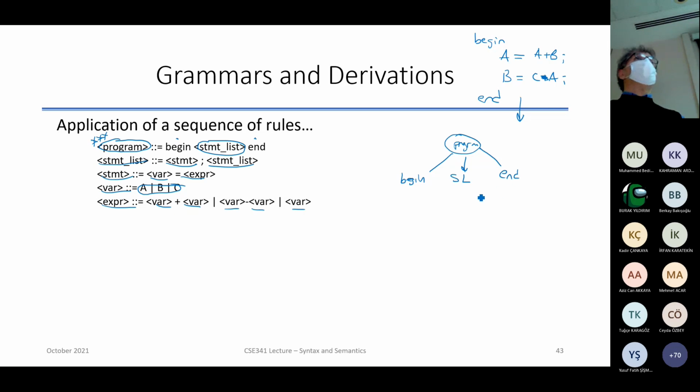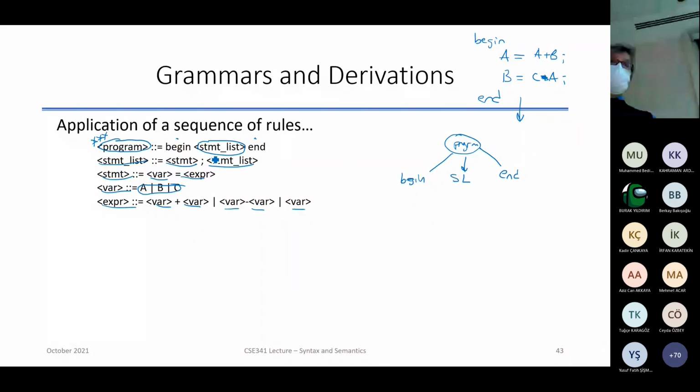Now, this sub-parse tree needs to be parsed further, right? Because it is not yet ready as a parse tree, since it has still at least one leaf, exactly one in this case, that is still a non-terminal. I have to further derive this.